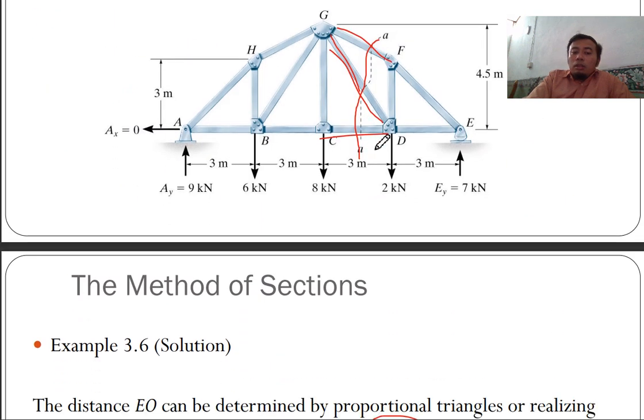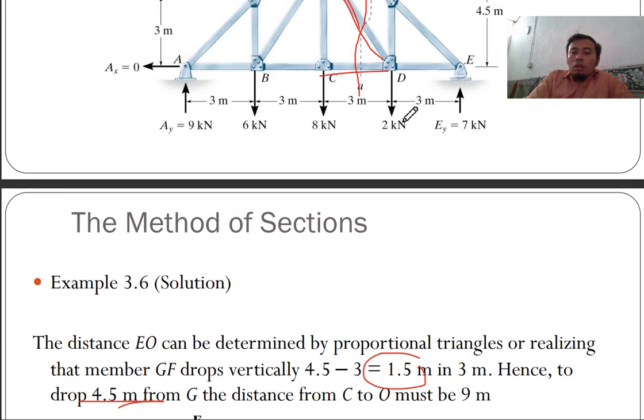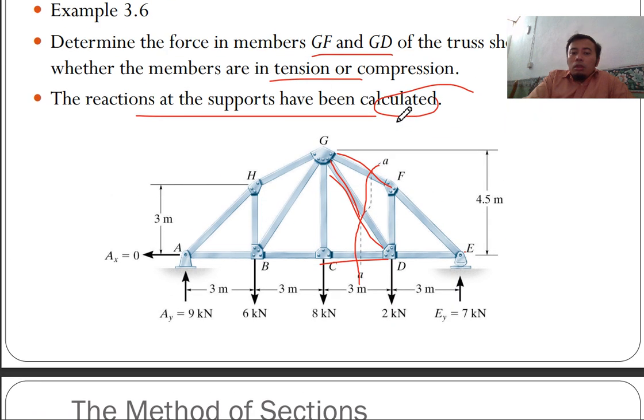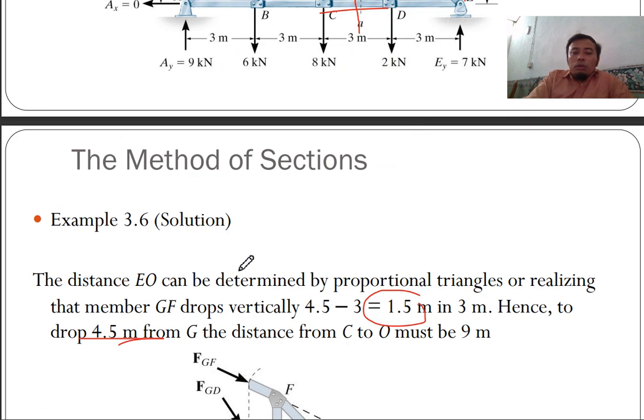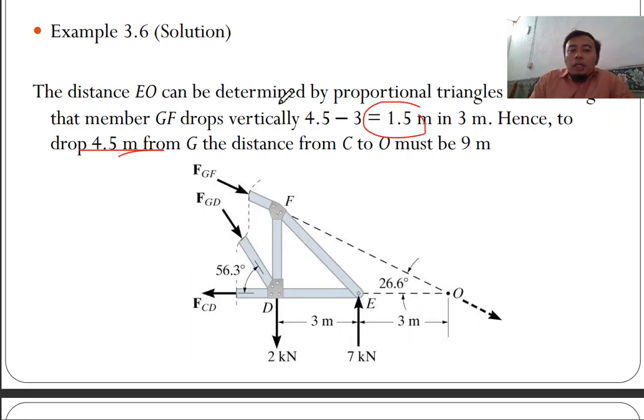So we want to find the distance EO. EO is an imaginary line being created in this solution.